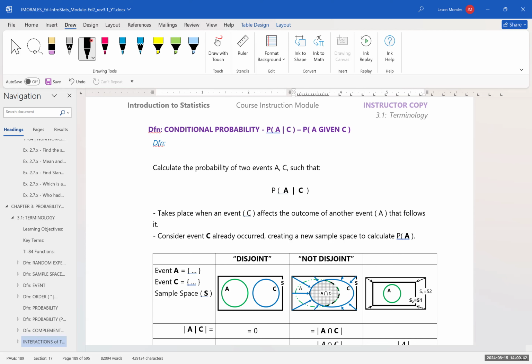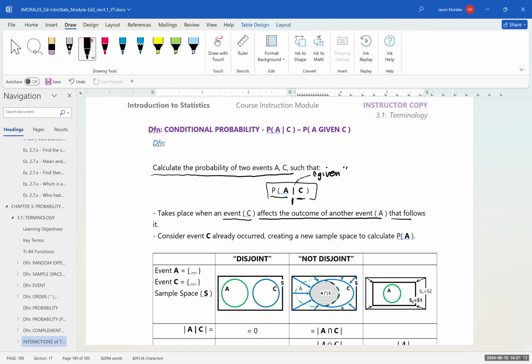Conditional probability is calculating the probability of two events, such that the probability of A given that C occurs first. It takes place when an event C affects the outcome of another event A that follows it. In this format, this vertical bar means given.